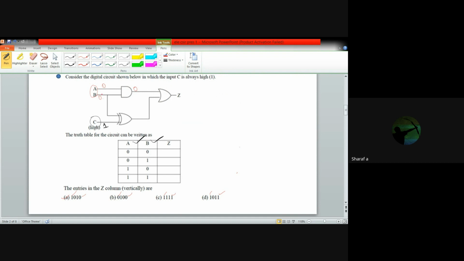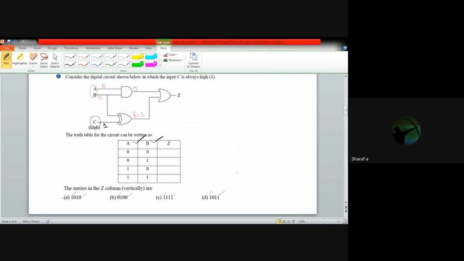At the same time, this B is connected to this XOR gate and C is 1. As we discussed earlier, if any one of the inputs to the XOR gate is high, then the output of the XOR gate will be the complement of the other input. So whatever you get here will be B bar. When B equals 0, you will get B bar equal to 1.